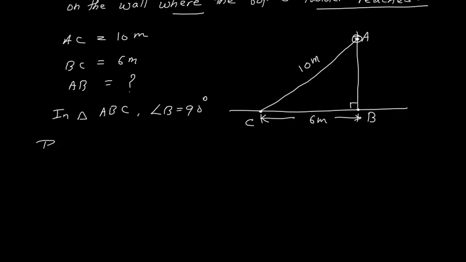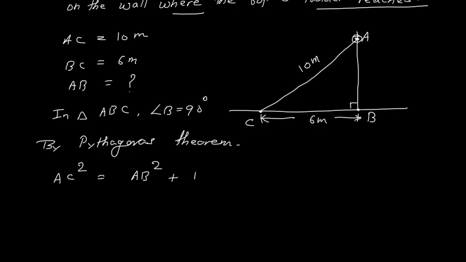I will use Pythagoras. So by Pythagoras theorem, AC square is equal to AB square plus BC square. Now AC square, that means 10 square, is equal to AB square, since the length of AB we don't know, plus BC is 6, so 6 square.